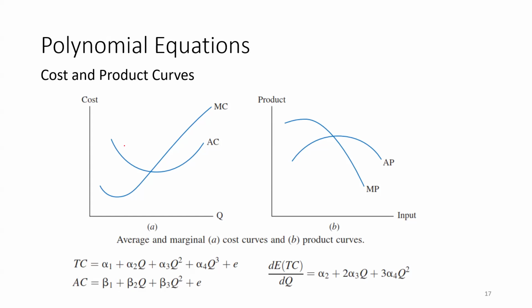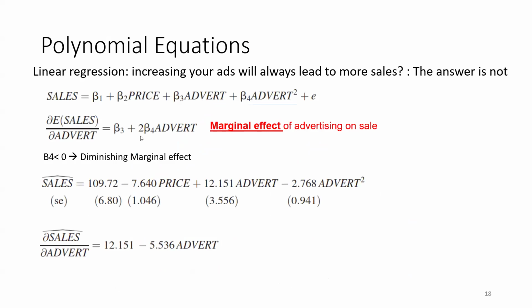Okay, so for example, if you would like to know the answer to a question similar to this: if we put in linear regression, it means increased advertisement will always lead to more sales. And if we do it like that, it means you can increase advertisement forever, right?